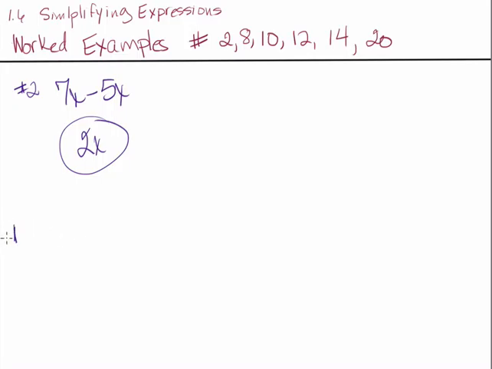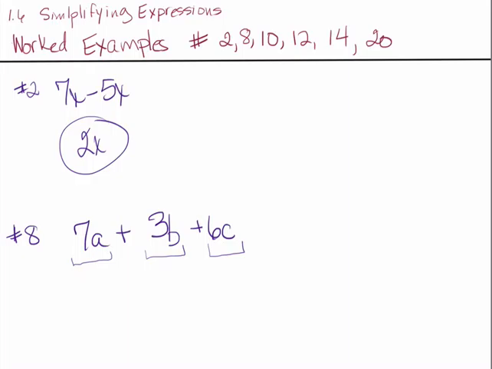Question number 8 says 7a plus 3b plus 6c. This expression cannot be simplified. The terms here cannot be combined. Here I have 7 A's. In another pile I have 3 B's. In a third pile I have 6 C's.